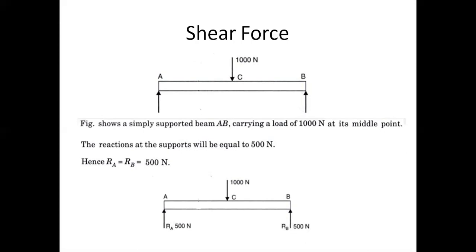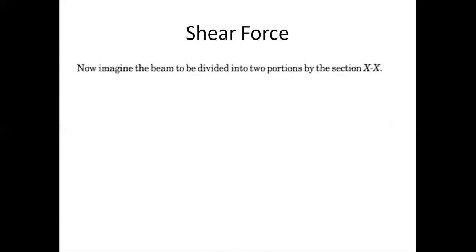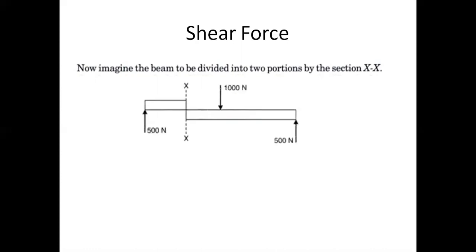Now we are trying to understand what exactly the shear force is. Imagine the beam is divided into two portions by a section. Let us imagine we are not cutting at any point, but we take a section XX at this point to understand what shear force is. Now we take the section XX, with a left hand side and a right hand side.